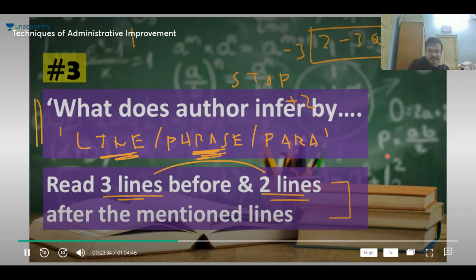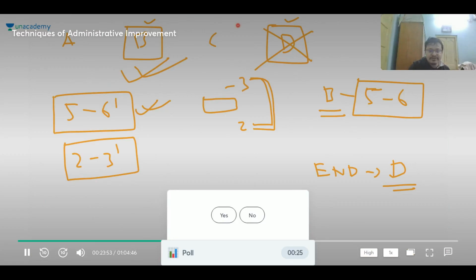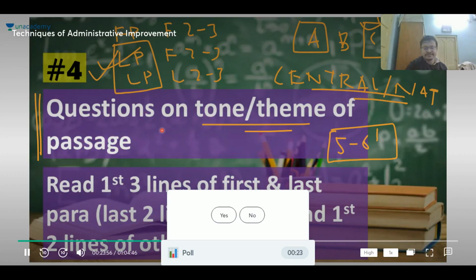Yes, Saugata, you had a question? So is it clear to everybody how for every question you can get the answer in just 4-5 lines? Do not invest your time in the rest 70% of the passage.